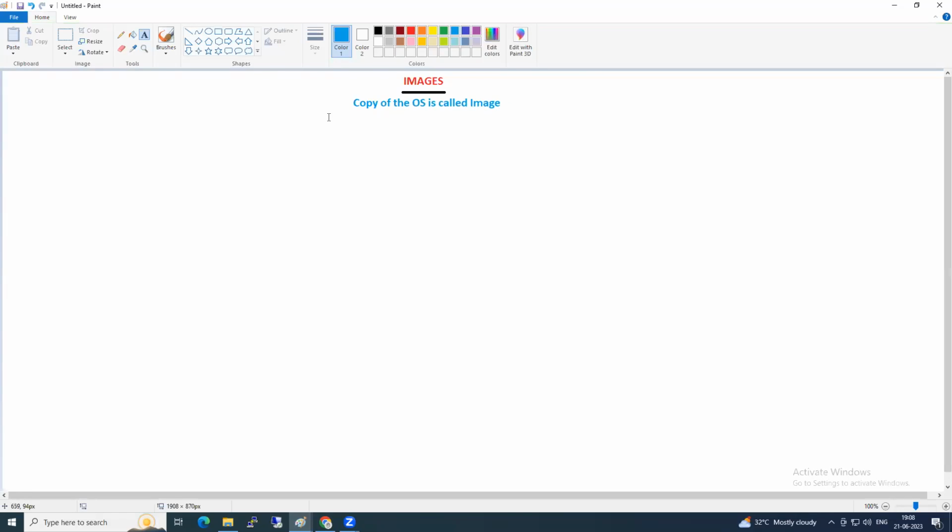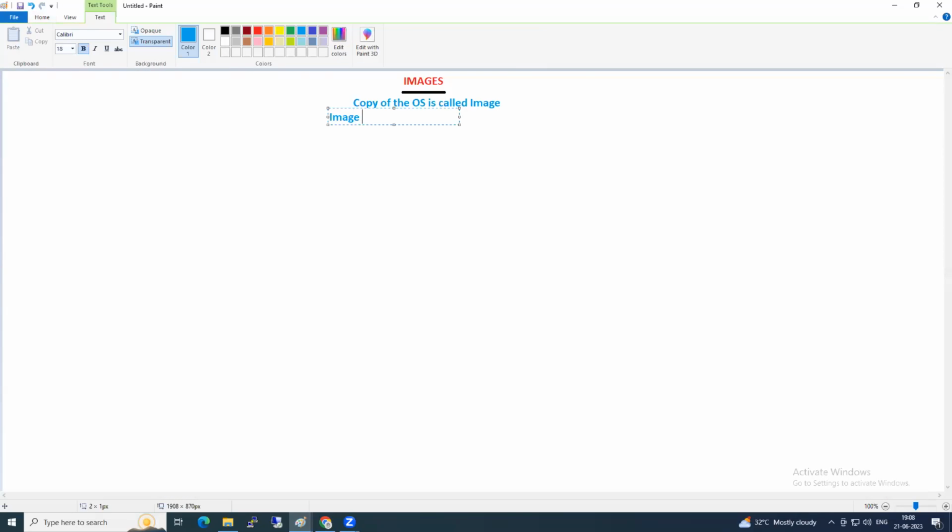Okay. So this image in AWS, we call it AMI. What is that? AMI, Amazon Machine Image. What is that called in EC2, guys?